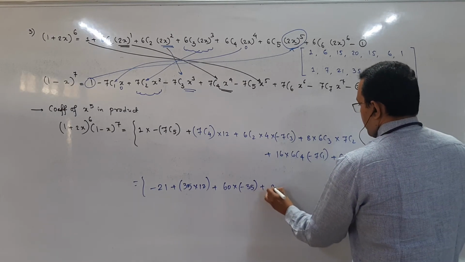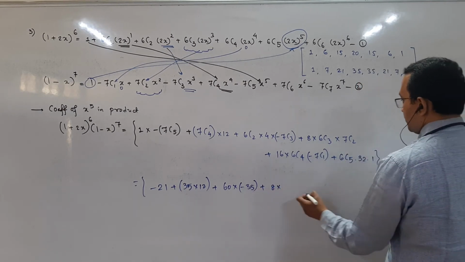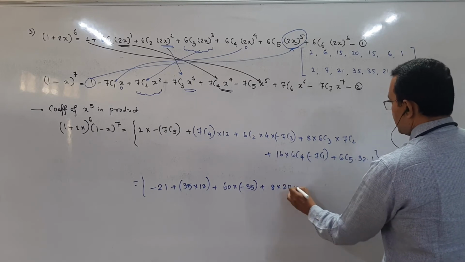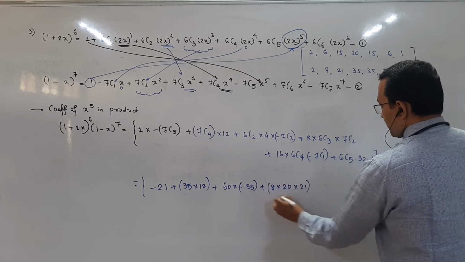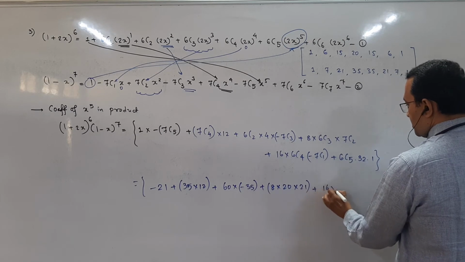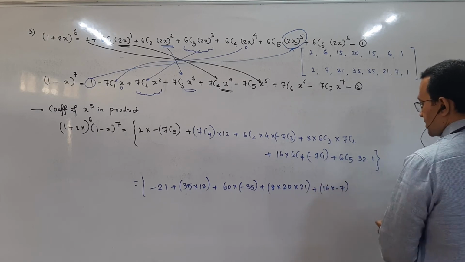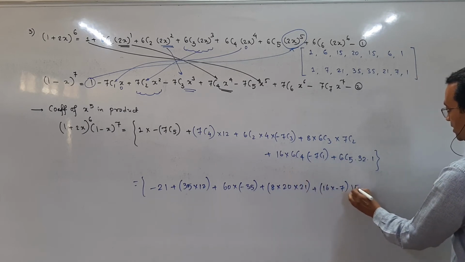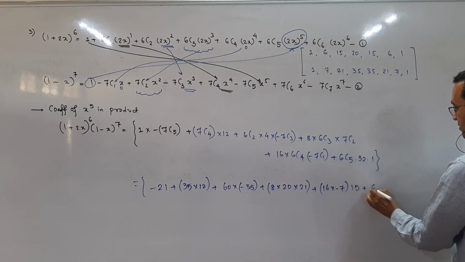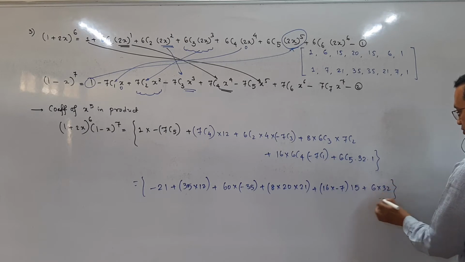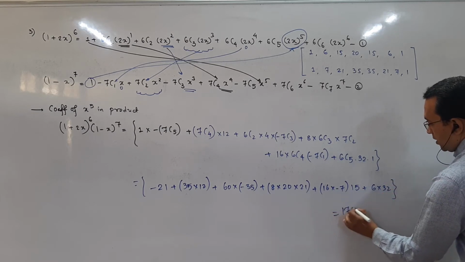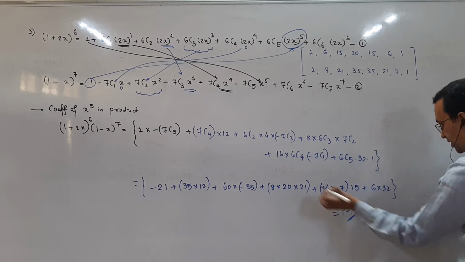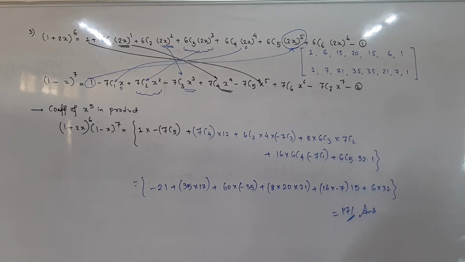Plus 8, 6c3 is 20, 7c2 is 21, plus 16 into 7c1 is 7, 6c4 is 15, plus 6c5 is 6 into 32. Your answer comes out to be 171.